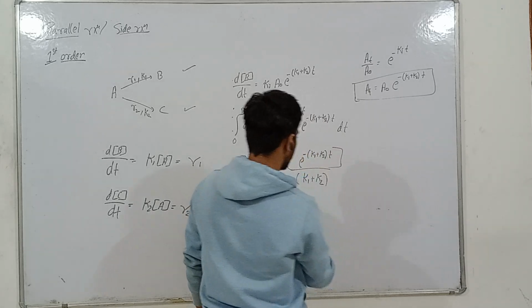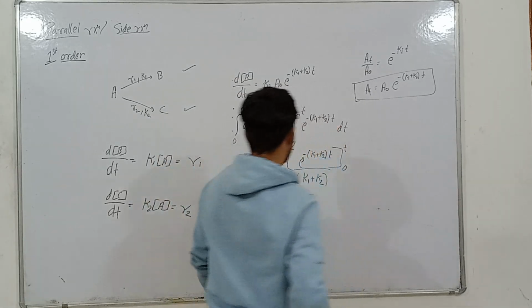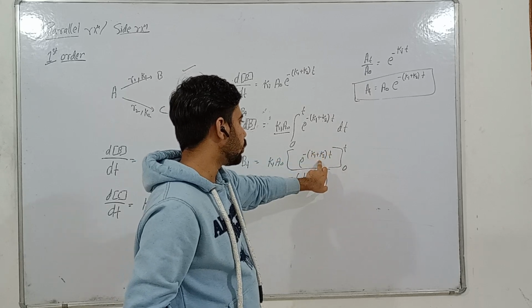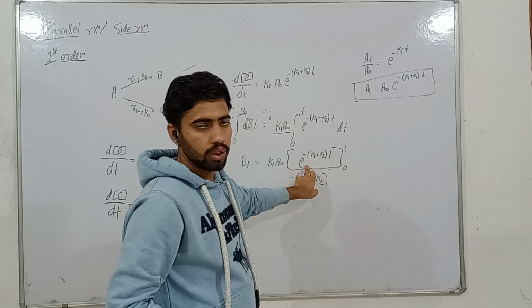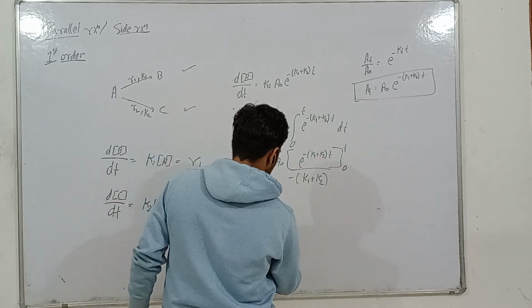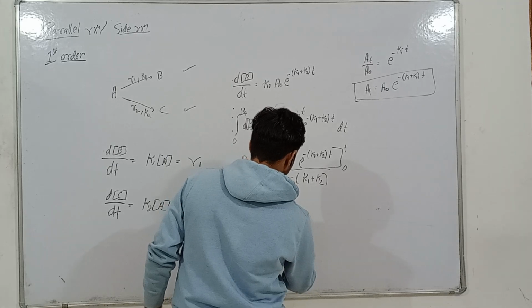If we put the limits in, t equals 0 to t, at the lower limit t equals 0, e to the power 0 equals 1. Minus minus gives K1 upon K1 plus K2 into A naught.